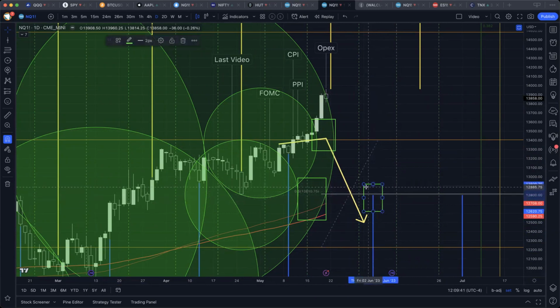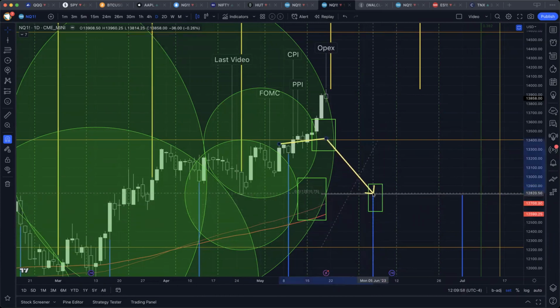And the other thing that we're seeing is, I'm going to slide this guy over. What we're seeing, and I'll show you this shortly, is there is a cluster of dates between the 5th and 7th on the time trades probabilities. So we're going to be taking advantage of those.